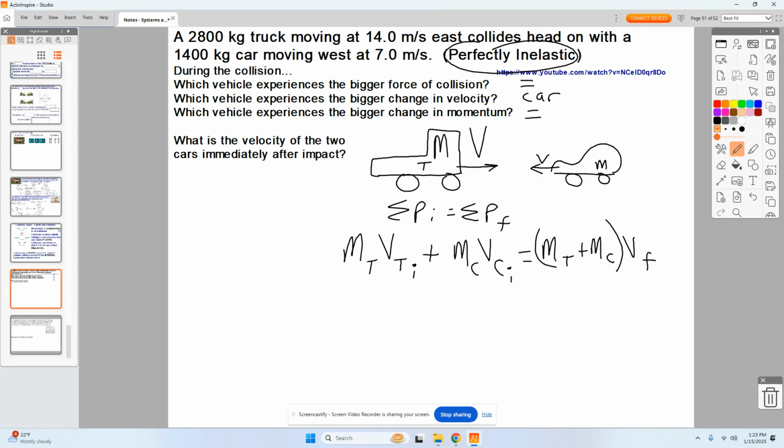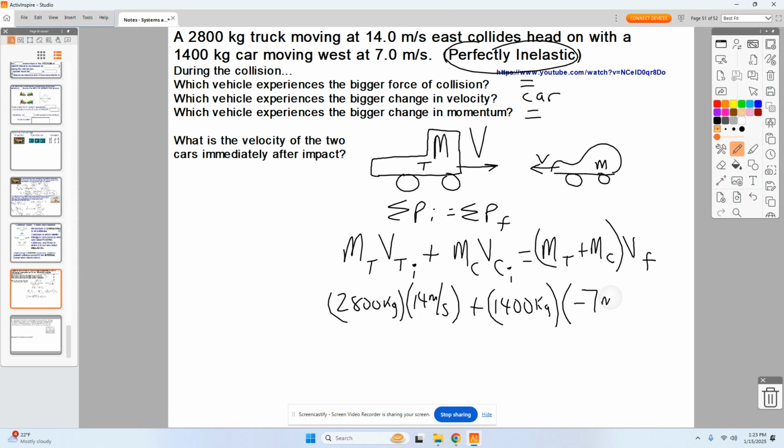Okay, let's put in these numbers now. This is 2,800 kilograms, times 14 meters per second. Plus, this is 1,400, so it's got half the mass. 1,400 kilograms, and it's traveling in the opposite direction at 7 meters per second.